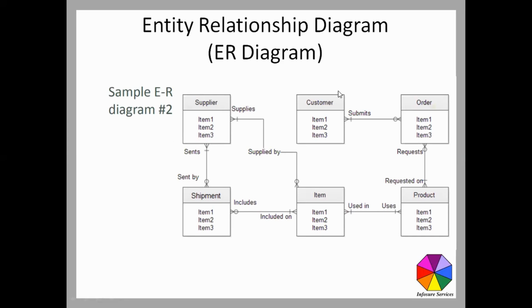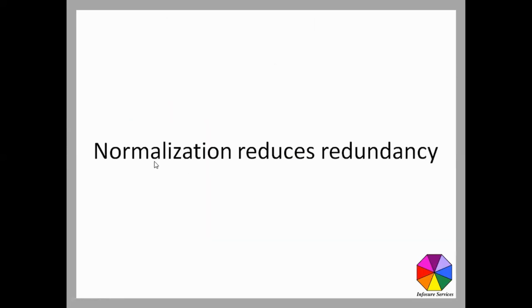Okay, the whole process of simplifying into separate entities is called normalization. Why? We are reducing redundancies. Redundancy means I don't have to store that information again and again in each record. When you store such large information, you are taking a lot of space in the database.